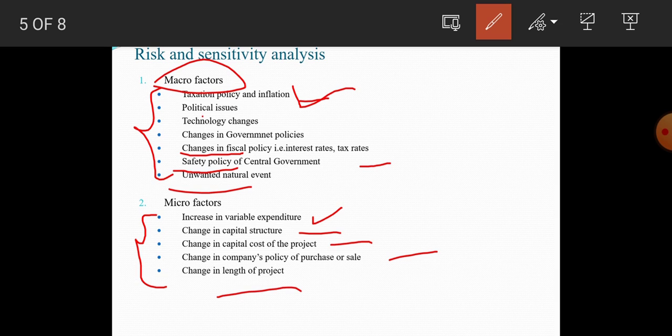The change in length of project, if the length of project has been increased or reduced due to some reason, so these all are the minor factors which may affect the project. So this type of analysis you need to do before selecting a project. So this is called risk and sensitivity analysis. So to what degree your project will fail.